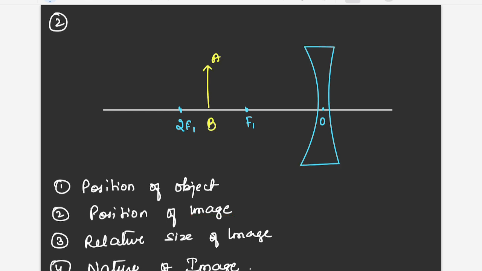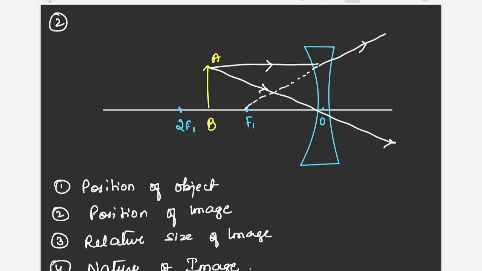Now pass a ray through the optical center. It will pass straight like this. Pass one more ray which is parallel to the principal axis. This is going to diverge like this. Now extend this to the focus like this.